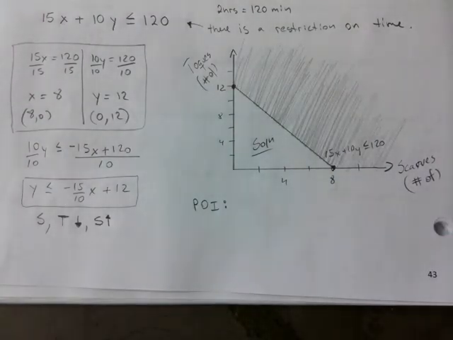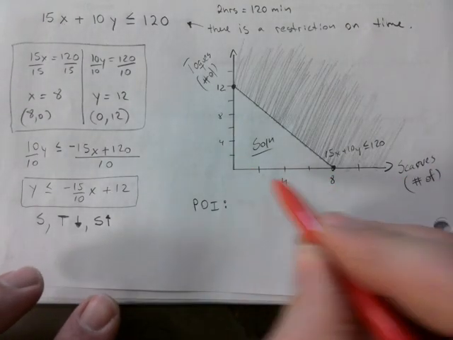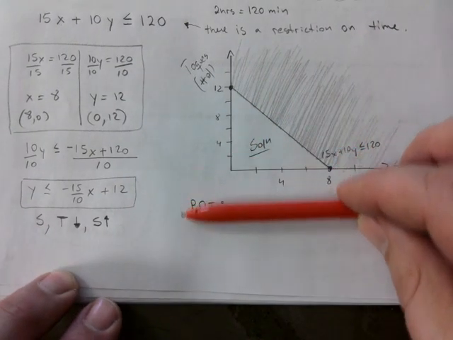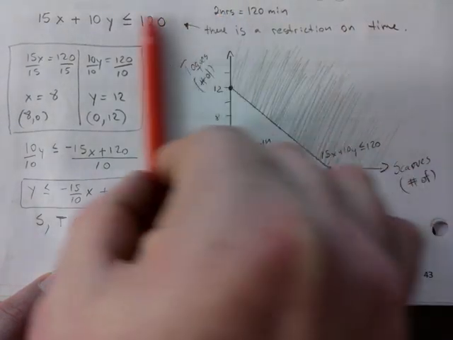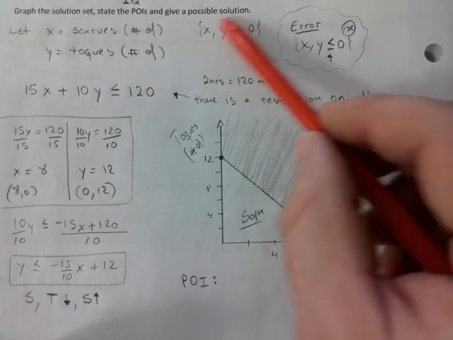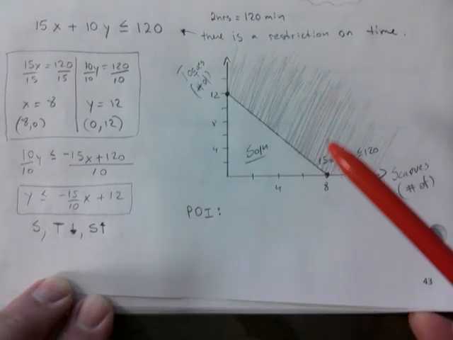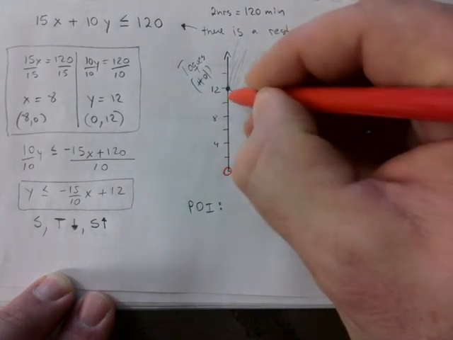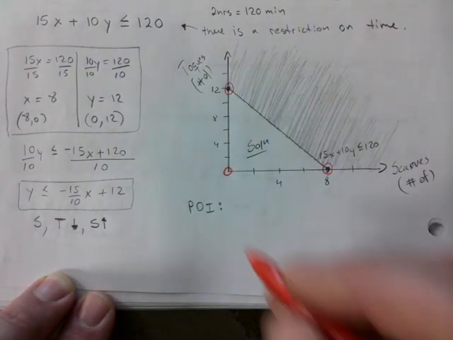But with word problems, x and y are basically inequalities. It's as if we shaded everything below this and to the left of this with the initial statement here, this one right here. So it would be this one, and this one, those three POIs.